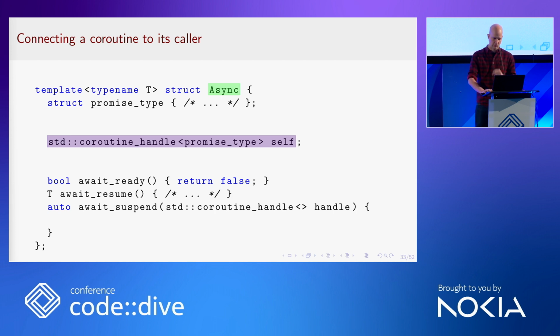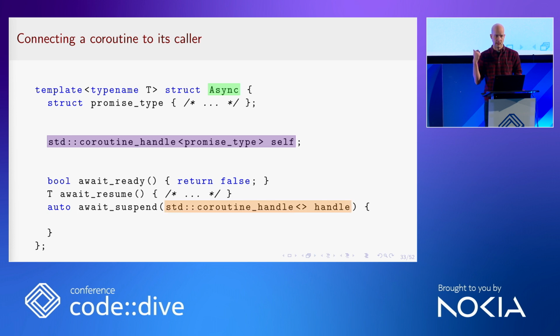But if we look at the await_suspend and we look really carefully, we will notice something here, because there is a coroutine handle that's being passed here. But what is that handle pointing to, right? That's the handle to the coroutine that is about to be suspended as a result of awaiting on this async object.